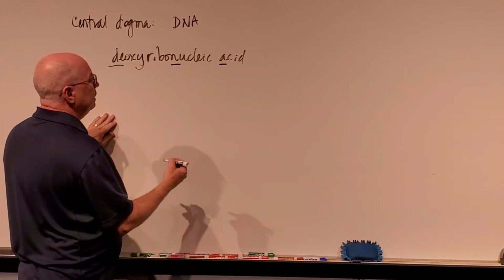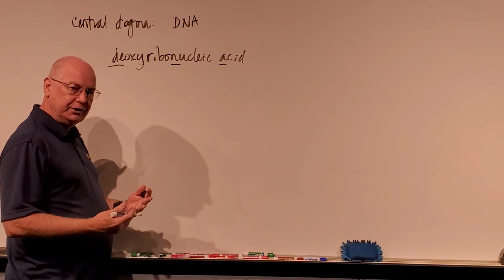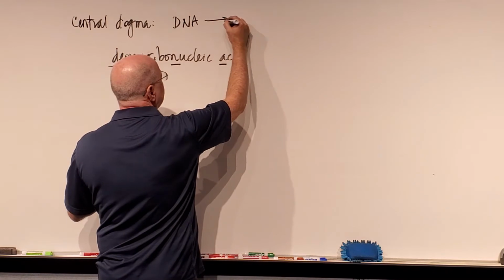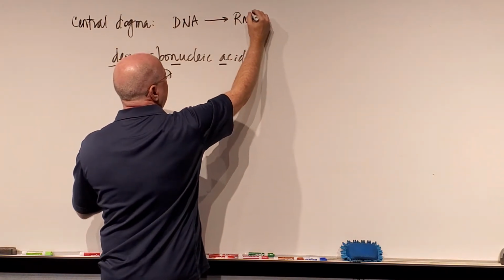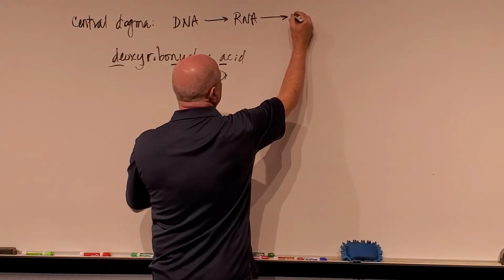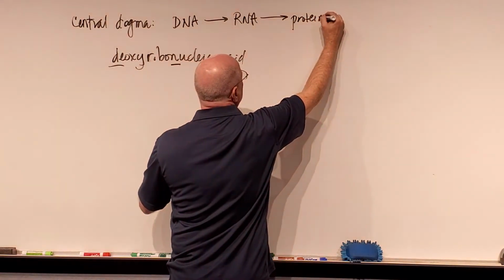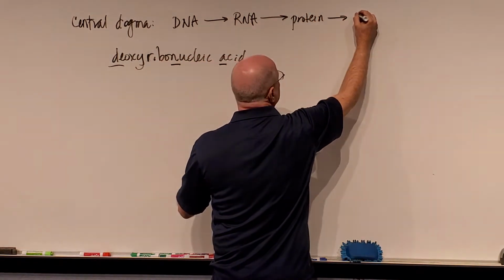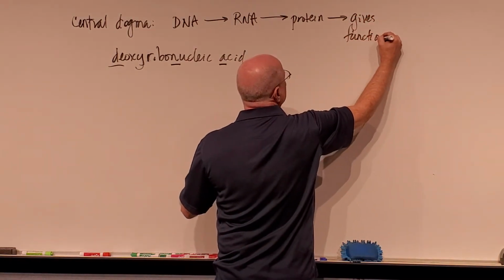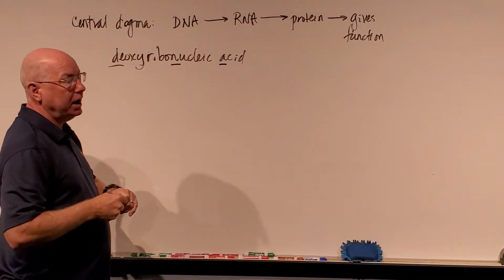So DNA was the genetic information, the code that tells us how to make all the proteins. DNA was used to make RNA, and then from RNA we went to a protein, and then the protein gives the function. And that's the way it's believed to happen.